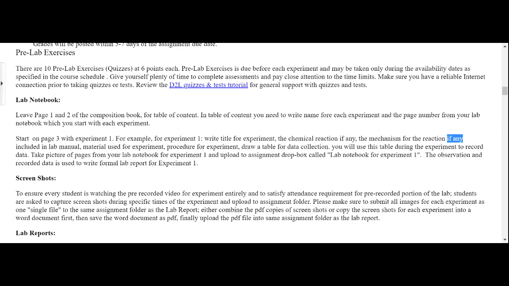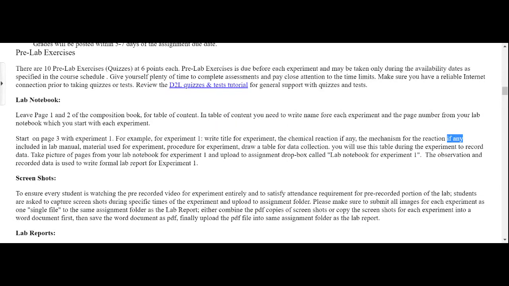Material you're using. When you read the procedure, something I just remembered that might save you a lot of time: experiment 1 has a general procedure and a specific procedure. I only want the specific procedure. The specific procedure is a page or a page and a half, but the general procedure would be many pages.